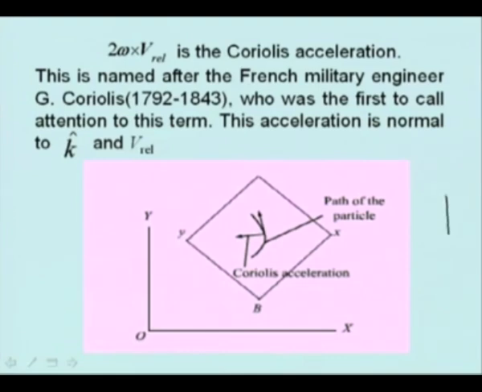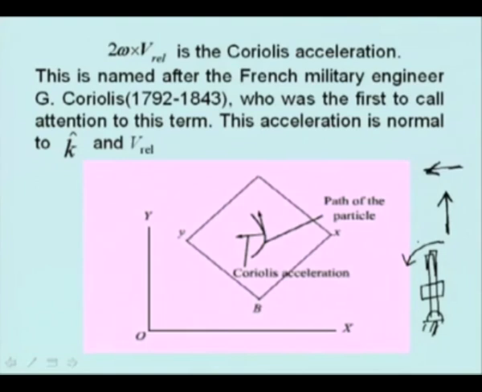Suppose there is a link on which this slider is moving and the link is rotating in the counterclockwise direction. Relative velocity of the slider is shown like this. Because the link itself is rotating counterclockwise, rotate the relative velocity in the counterclockwise direction. This is the direction of the Coriolis acceleration.